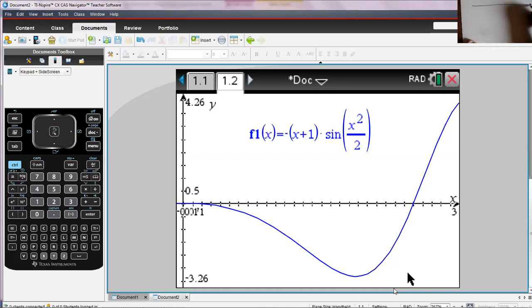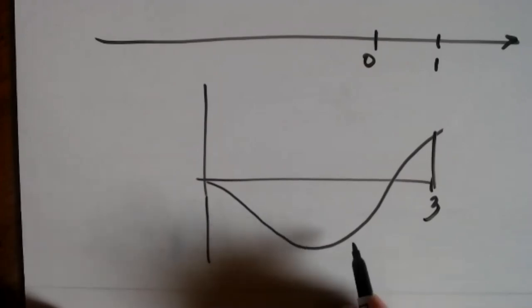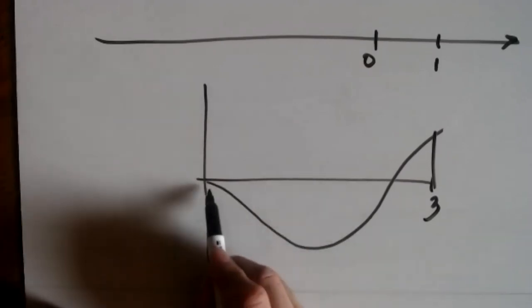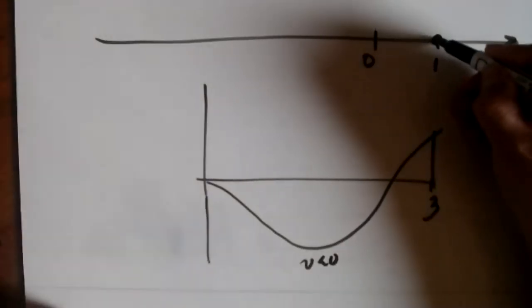Let me just put the axis. Here is the 0, here is the 1, right? And the velocity is something like this. And this is 3, correct? Okay, let me just close this one, stop share. So this is what we have. This is pretty much the sketch of the velocity, correct? So this means that the velocity is negative. Here, the velocity is negative. So the particle begins here.